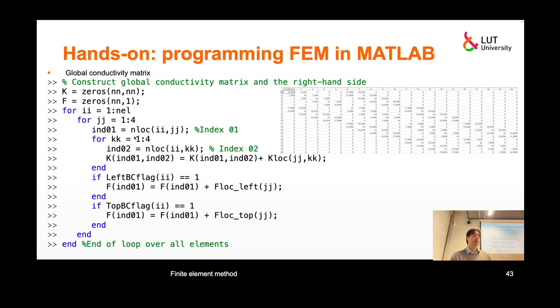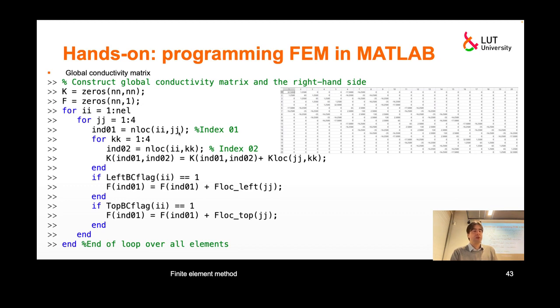So in that case, this will be 1. The second value, when we go to the next iteration of this internal loop over jj, will again be the first row, but the second value, second node. So we had 1, 2, and then different values, I think 6, 7, 8 in our case, or 8, 9. It depends on the number of elements, but you can look it up on previous slides. Okay, so this is the first.